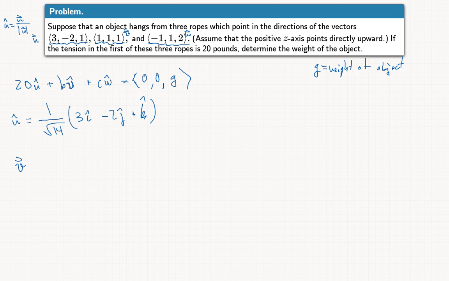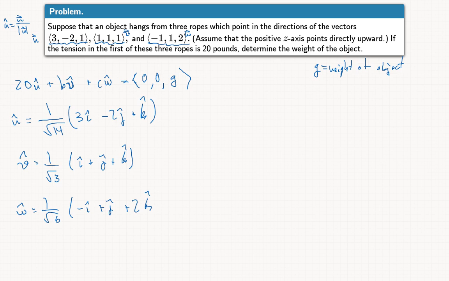Then v hat, so that has length root 3, and then i plus j plus k. And then w hat, so w has length root 6, and then this will be negative i plus j plus 2k.